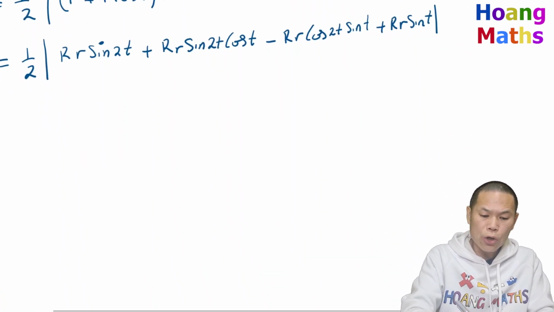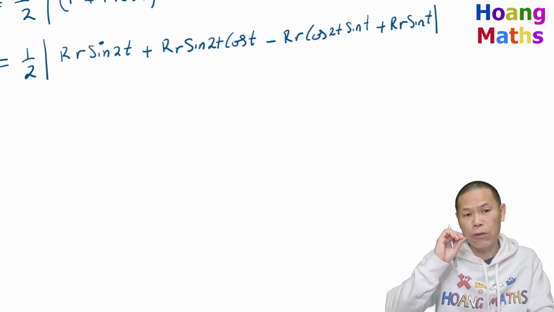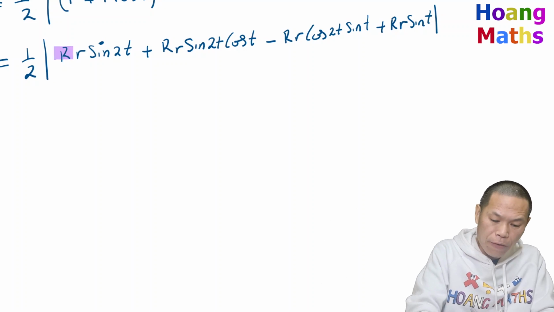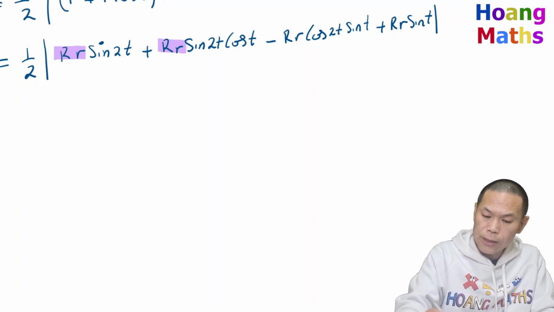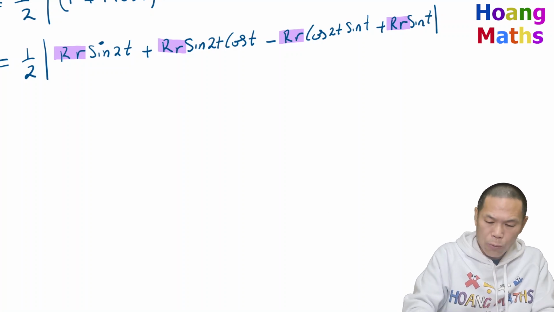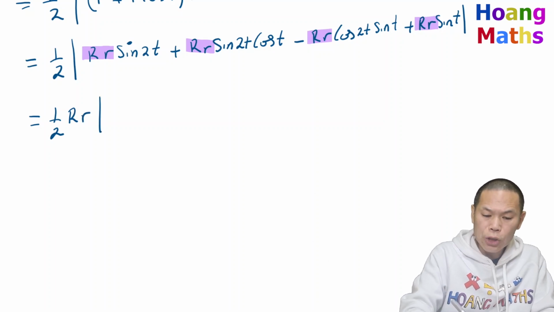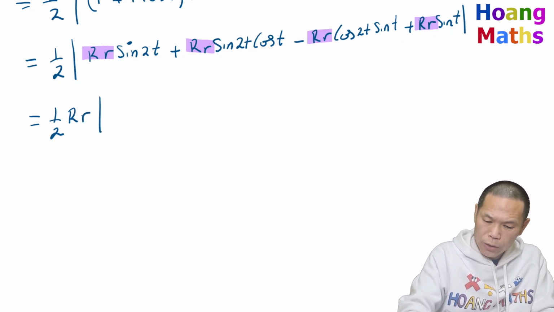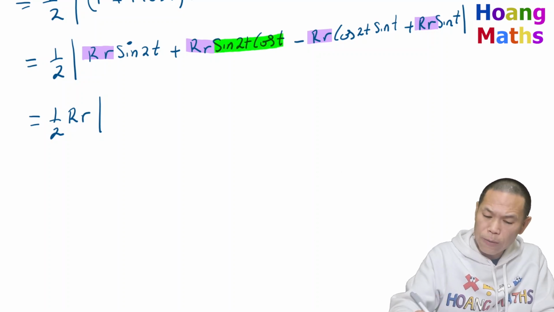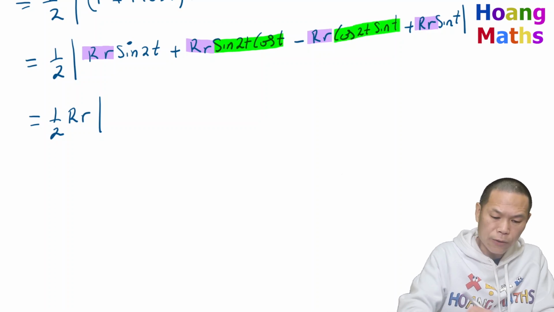Now let me group them and take out the common factor. The common factor is capital R and lowercase r. So that will give me a half of capital R, small r, and let me group them here: sine of 2t cos t, and then we minus cos 2t sine t.